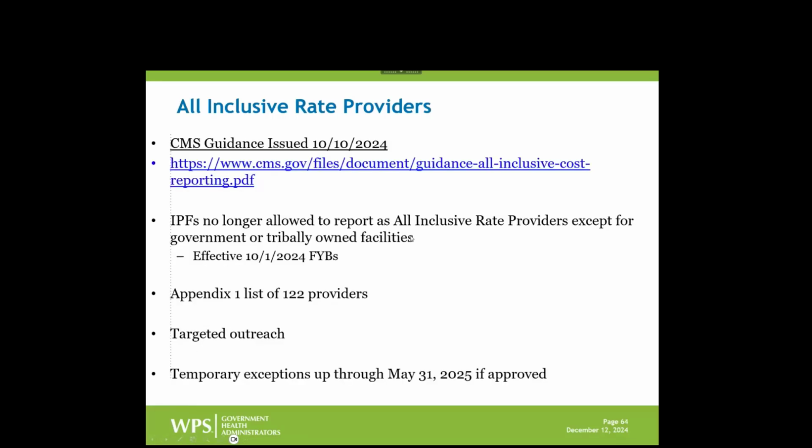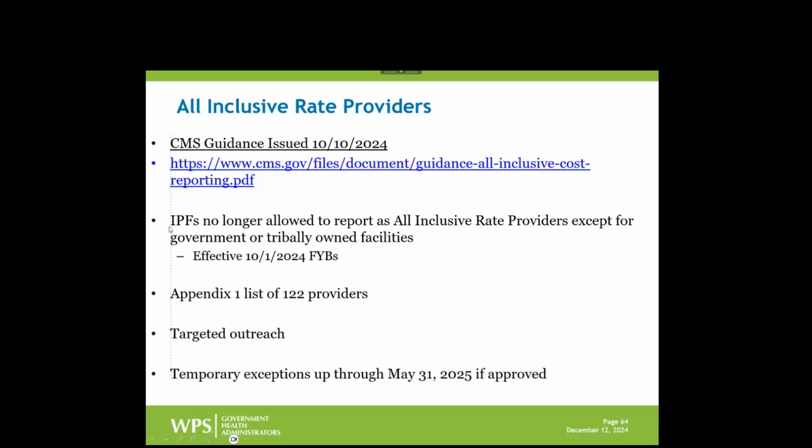The reason we're even bringing this up today is that it appears like CMS, at least for one provider type, is trying to get away from those all-inclusive exceptions. Right now, it's only for the psych hospitals. They issued guidance on October 10th. And here is the link to the CMS website that covers this guidance.